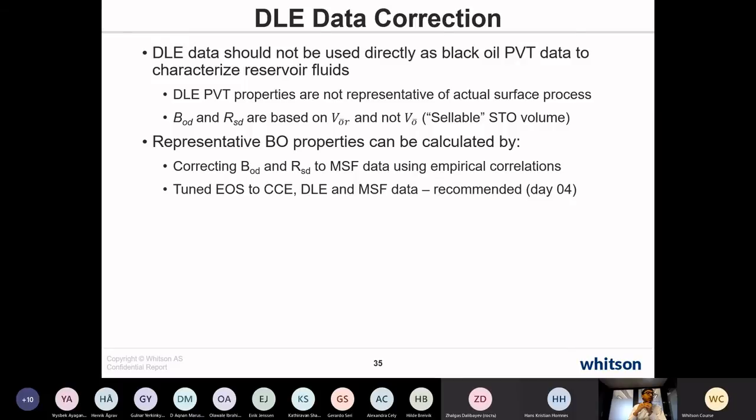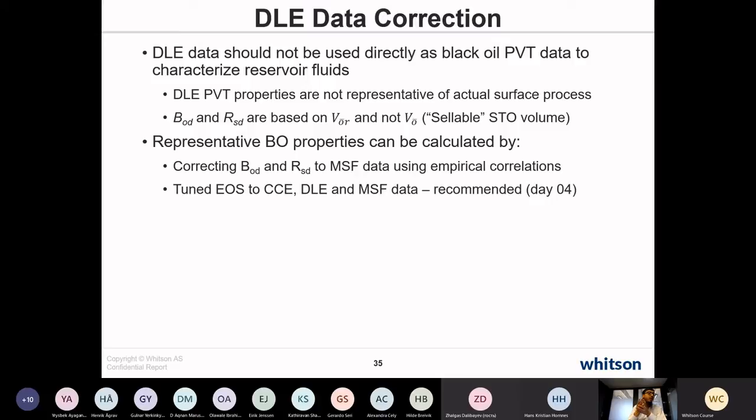Now you need this PVT data to tune a PVT model and use that to generate black oil PVT tables. For that purpose, you need to see the advantages and disadvantages of doing, for example, a CCE experiment versus a CVD and a DLE experiment. If you have an oil, there are certain advantages of doing the DLE experiment, and certain disadvantages of doing that.